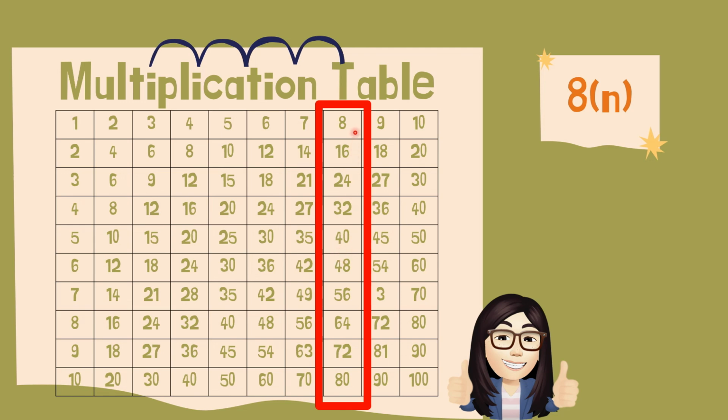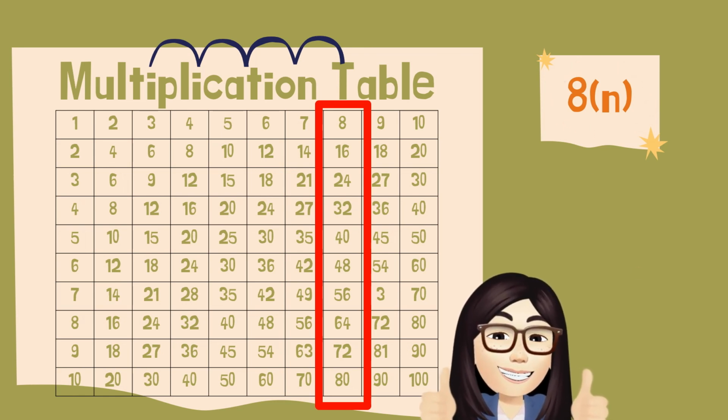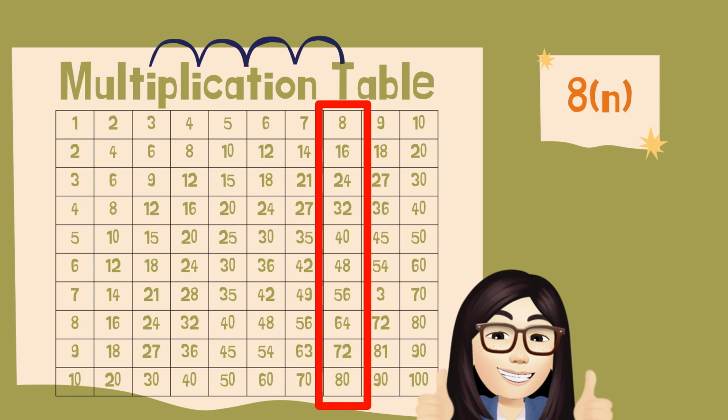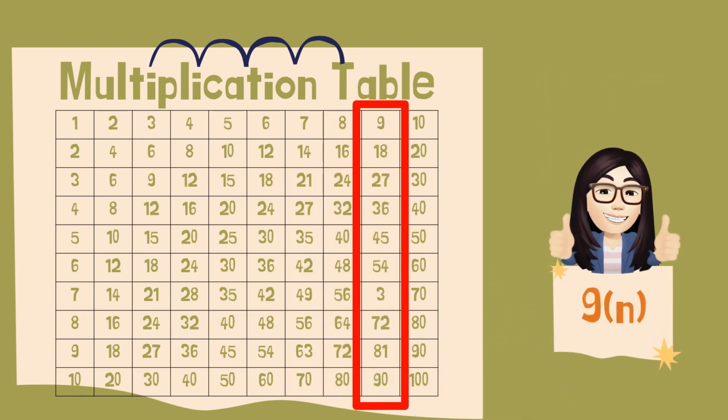For the next sequence, 8, 16, 24, 32, 40, 48, 56, 64, 72, 80, the common difference is 8. So we are going to use 8n as the rule. For the next sequence, 9, 18, 27, 36, 45, 54, 63, 72, 81, 90, the common difference is 9.